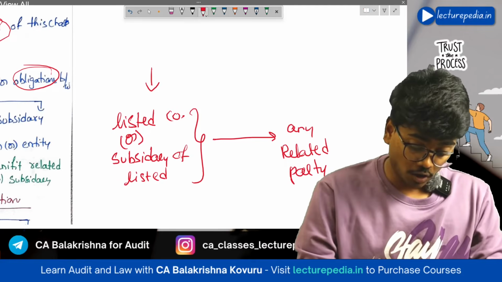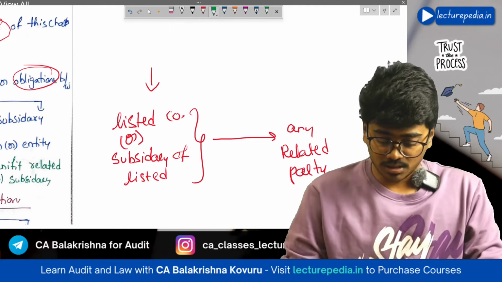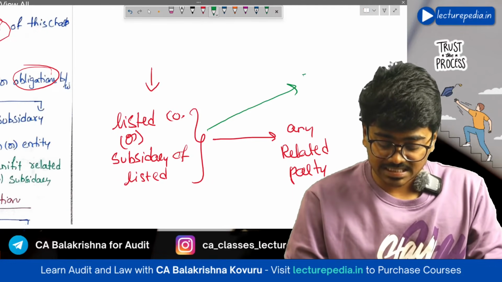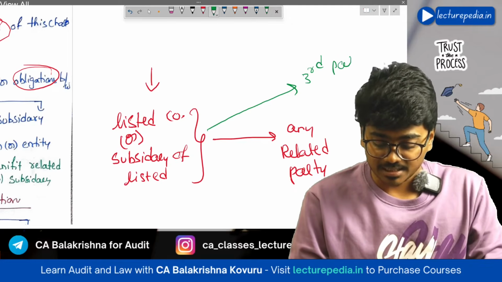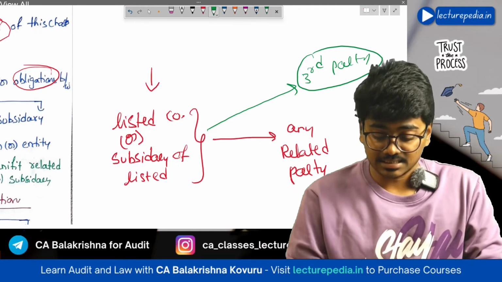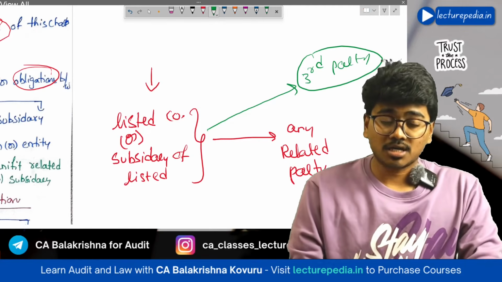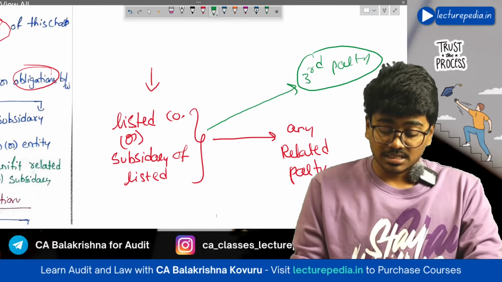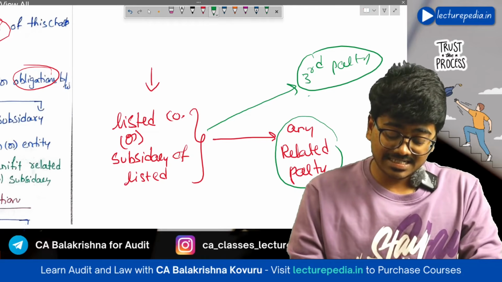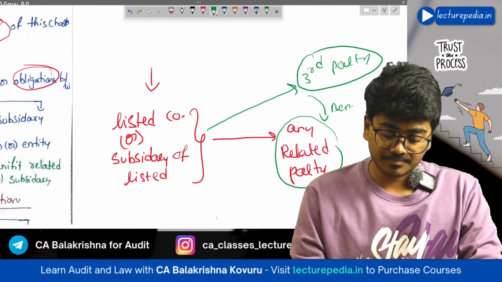Or these people enter into a transaction with any third party such that from that transaction the related party will derive a benefit.